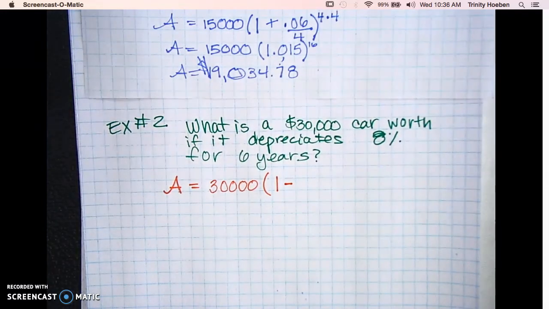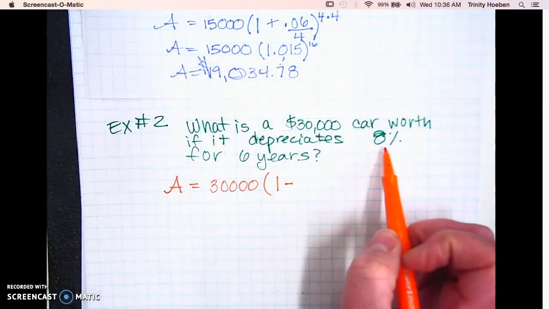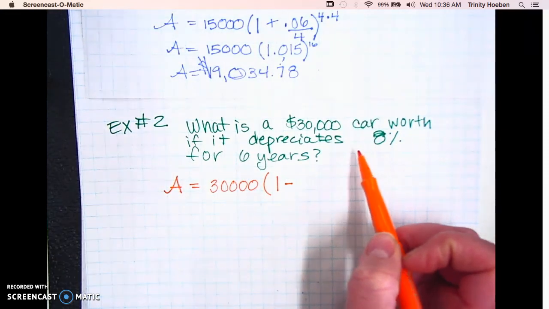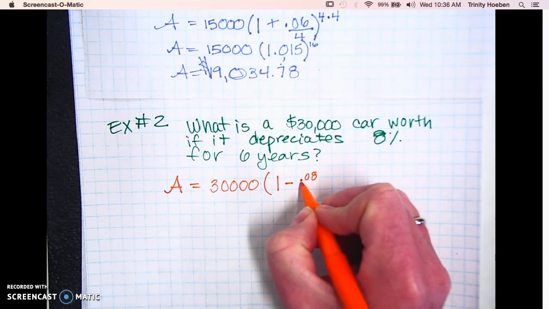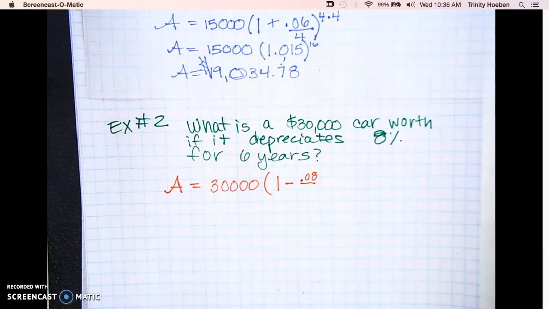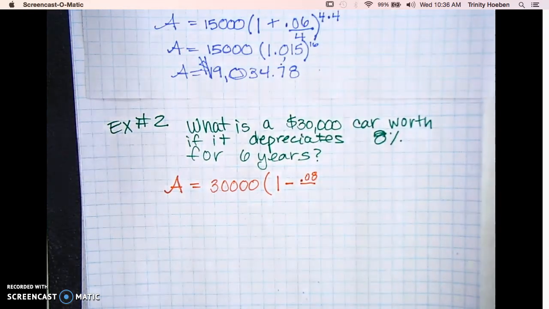We're going to subtract the amount. So at 8%, take the decimal point, move it 2 places to the left. That's going to give us 0.08 divided by the number of times the interest is given in a year.